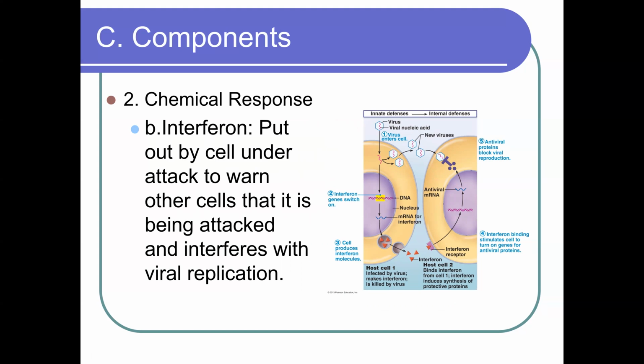So if a cell is infected with a virus, number one, it tries to interfere with the viral replication. It may or may not be able to do it. But it also sends out signals to other cells to warn them that it has been attacked by a viral infection.